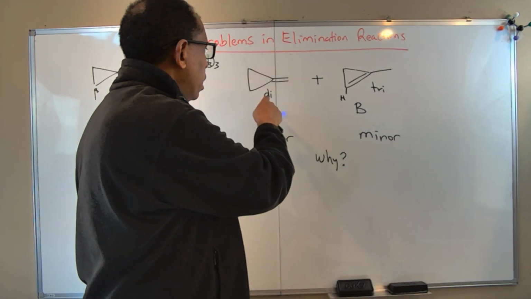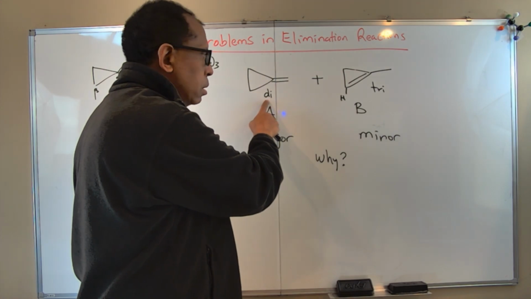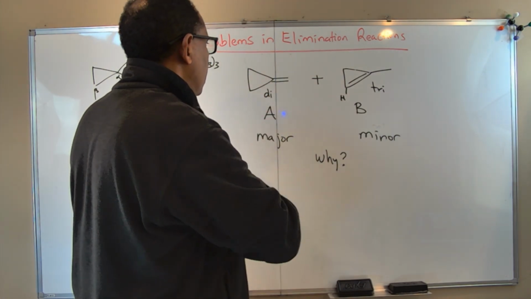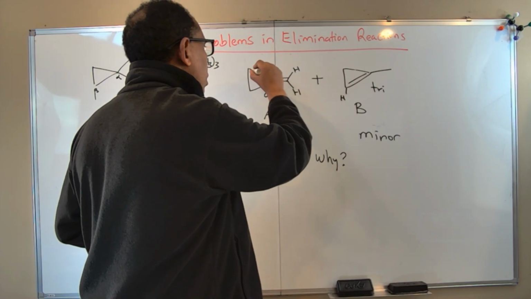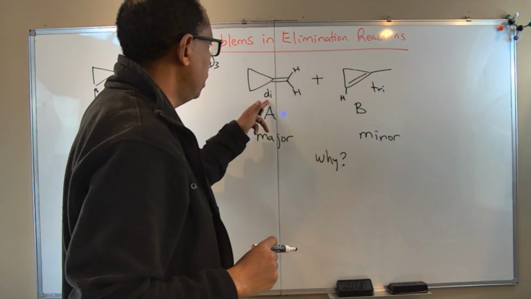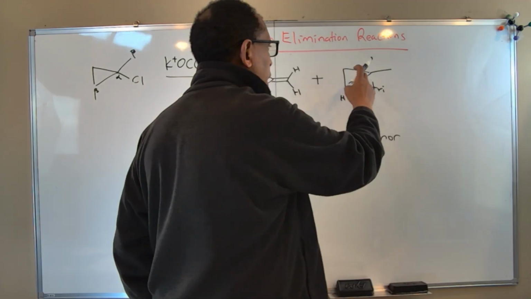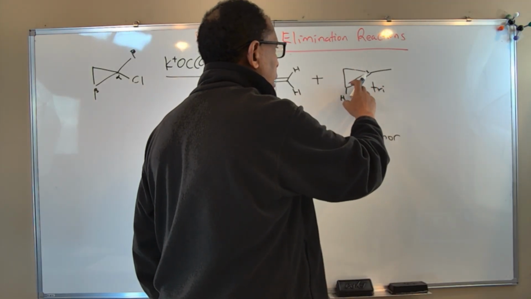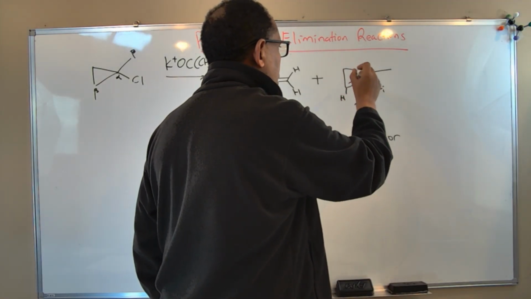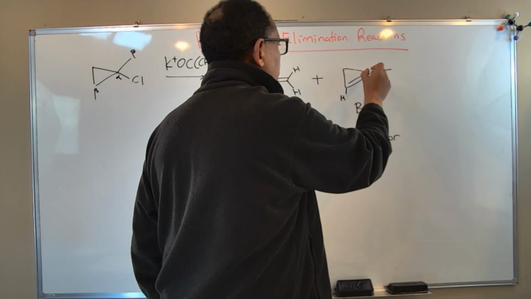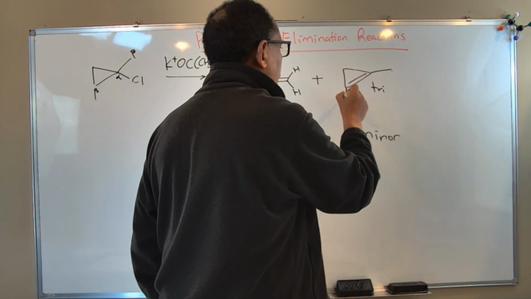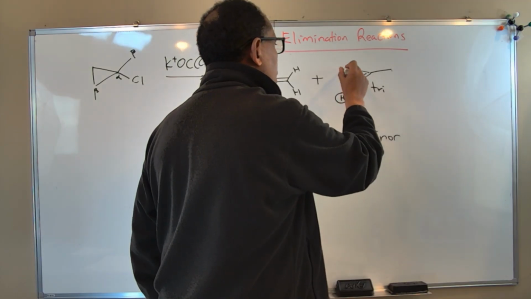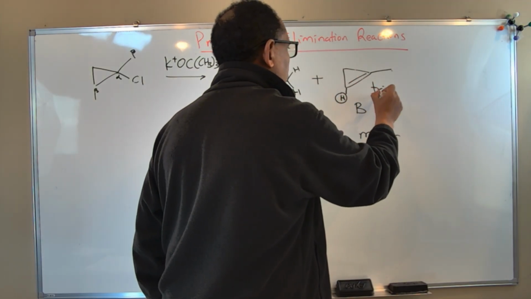The exocyclic one is disubstituted because you have hydrogens, so these are the alkyl groups. The internal alkene is trisubstituted because you have this alkyl group and that alkyl group, and you have hydrogen here. So this is a trisubstituted alkene.